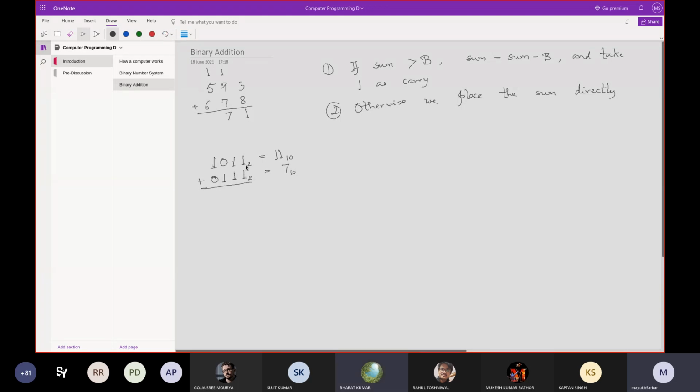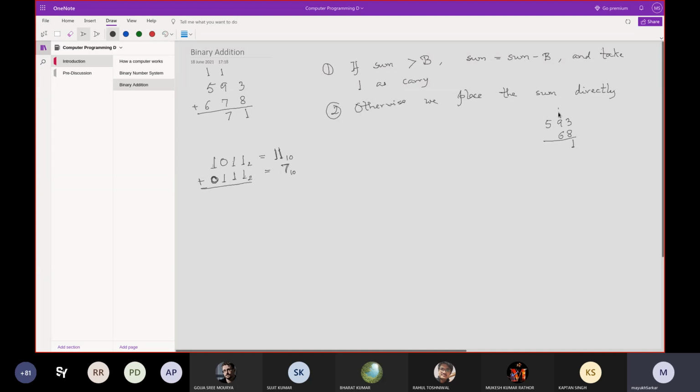Sir, what is the need of 0 there? Why did I place a 0 here? Just to make them of equal digits. As an example, if you add say 593 in decimal number system and 68, what do you do?